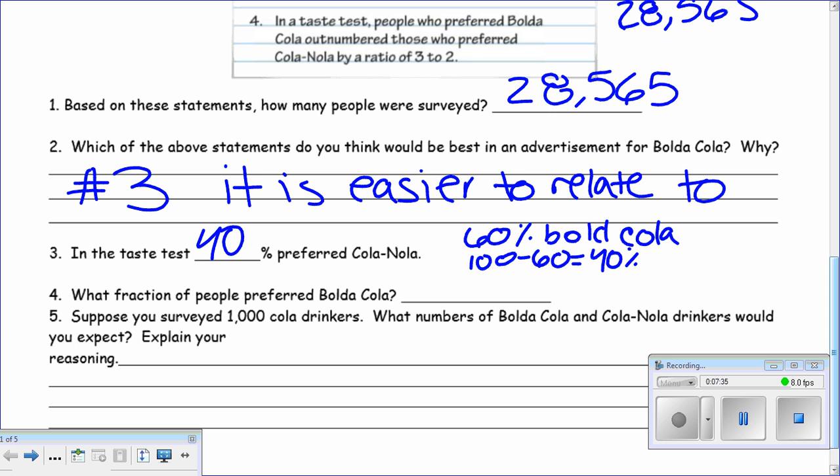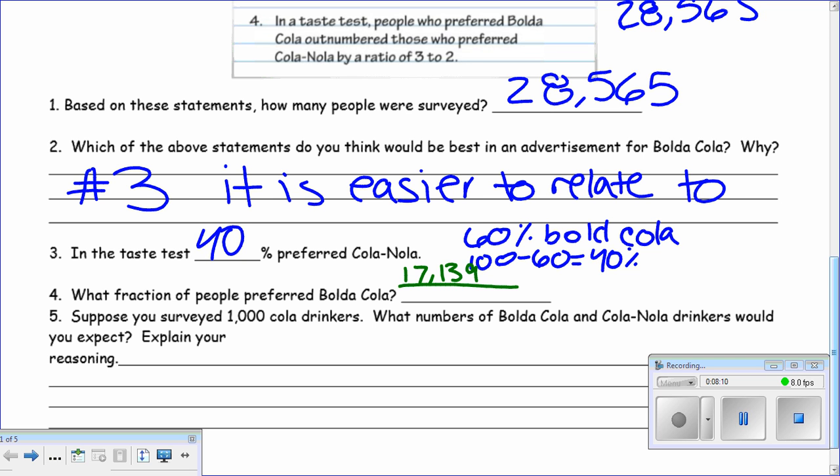How many people preferred Bolda Cola? In statement 1, it says people who preferred Bolda Cola outnumbered those who preferred Cola Nola by the ratio of 17,139 to 11,426, which means the people that preferred Bolda Cola is 17,139.